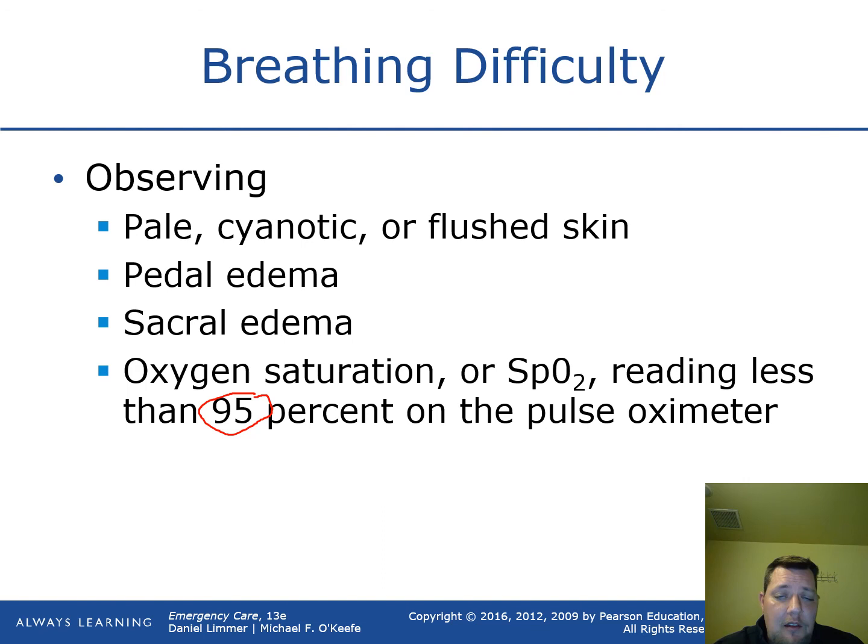If we're looking at 94% or less, we're looking at probably some difficulty breathing. If we go farther down, anything below 90, you're looking at respiratory distress. And then when you get into the mid 80s to low 80s, you're looking at probably respiratory failure.